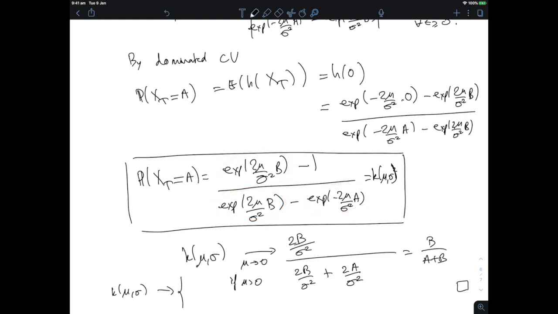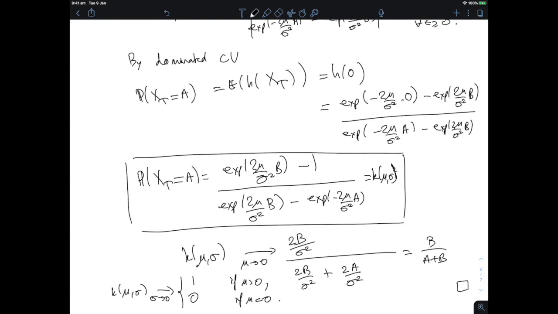And so what you get is 1, because this term is exactly equal to that term as sigma goes to 0 if mu is positive. On the other hand, if mu is negative and you send sigma to 0, this goes to 0, so the whole top goes to minus 1, but this goes to infinity. So this entire thing will go to 0 if mu is negative.